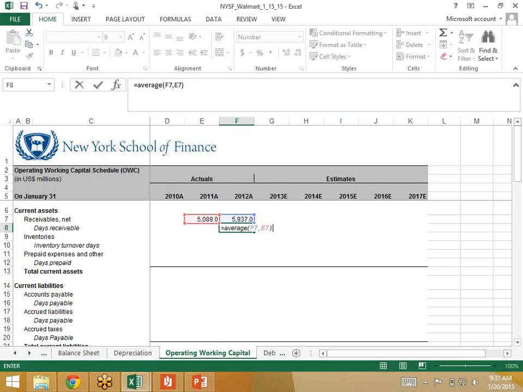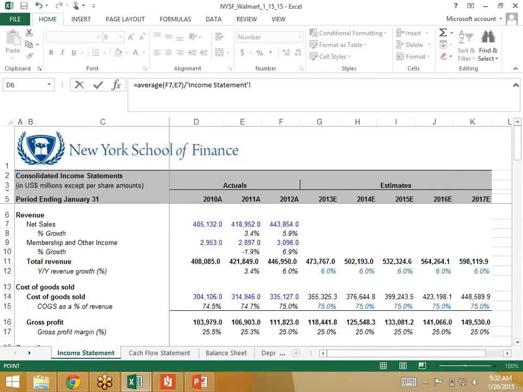Equals average, open parentheses, F7, comma E7, close parentheses. You guys okay with that? Divided by income statement revenue times 360.